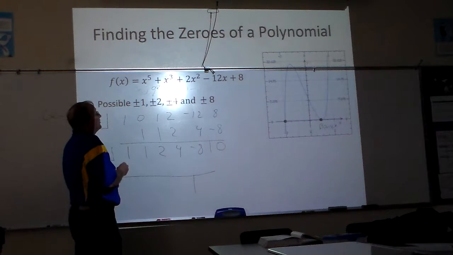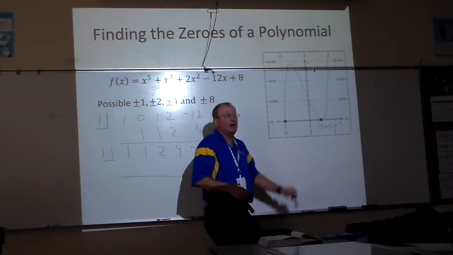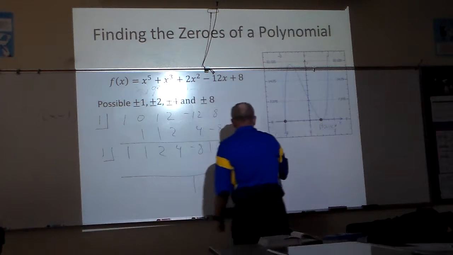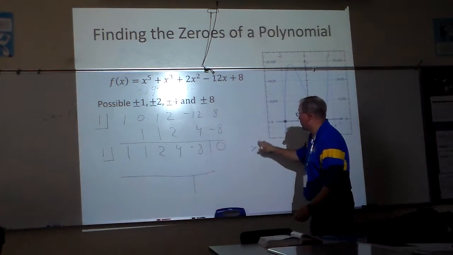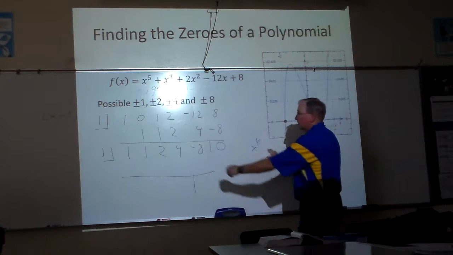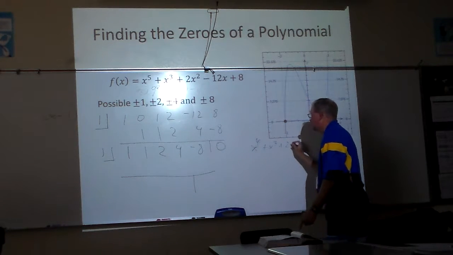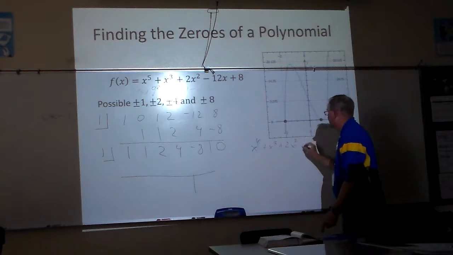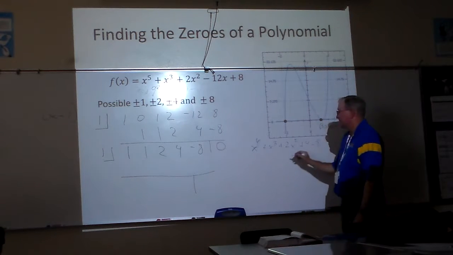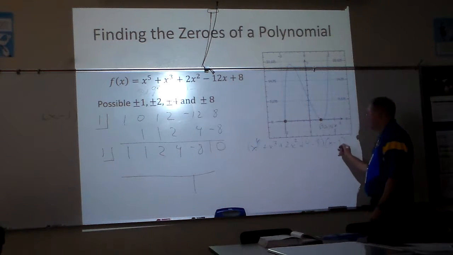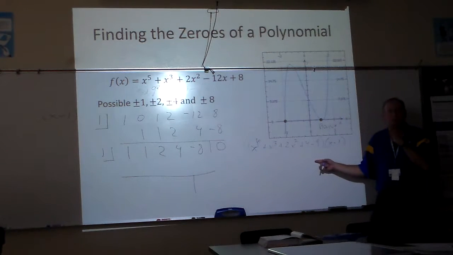Oh, because I need to find all the factors. I found 1. Technically, when I found this 1, I now have x to the 4th plus x cubed plus 2x squared plus 4x minus 8. In other words, this times x minus 1, but I can still factor this further, right?